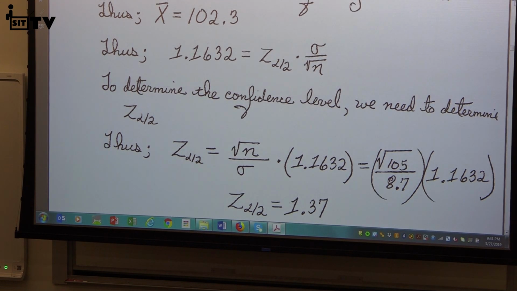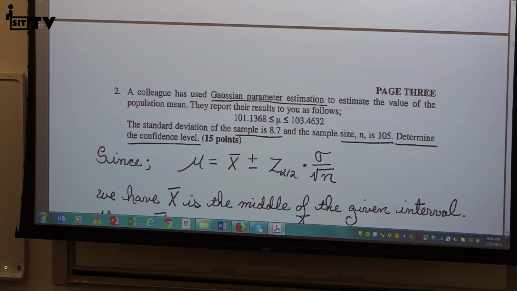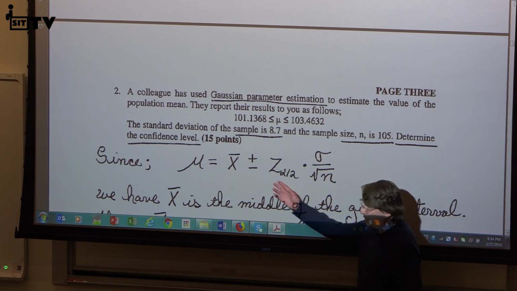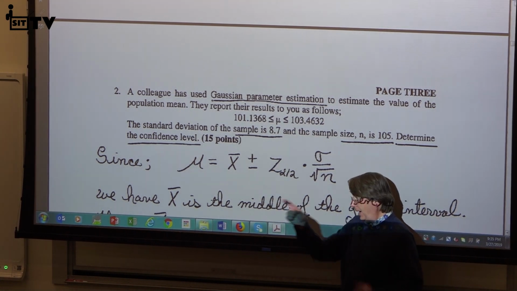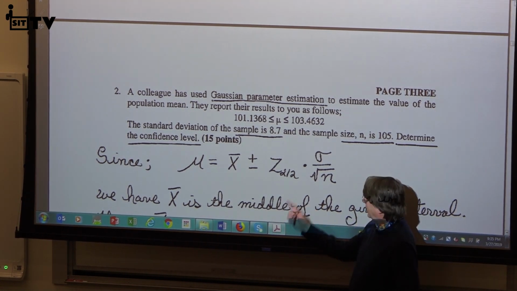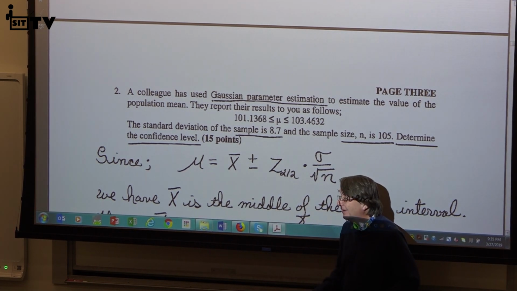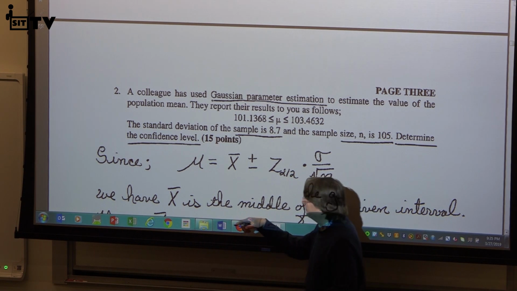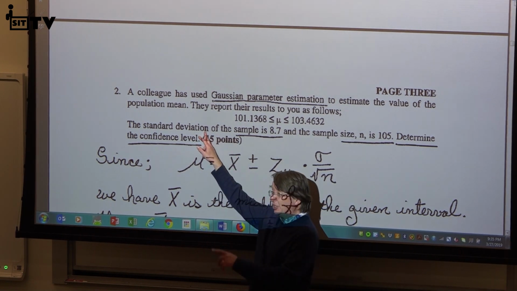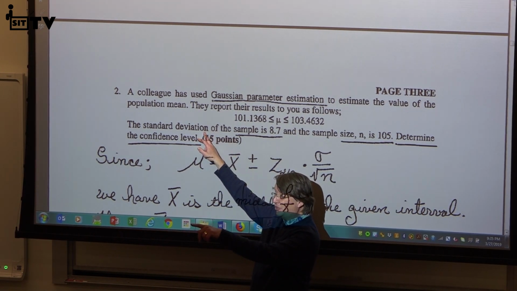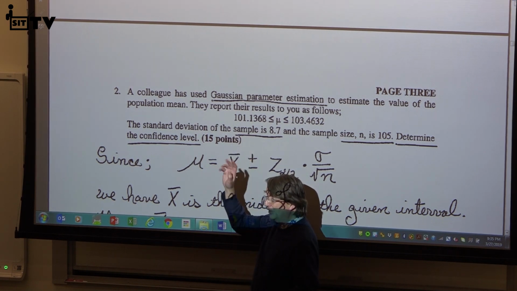Here's the comment. I give you this formula, and you say, well, wait a minute. I remember from our lectures that this is the standard deviation of the population because it's a Greek letter. But you don't give us the standard deviation of the population. You give us the standard deviation of the sample. So here's the deal.